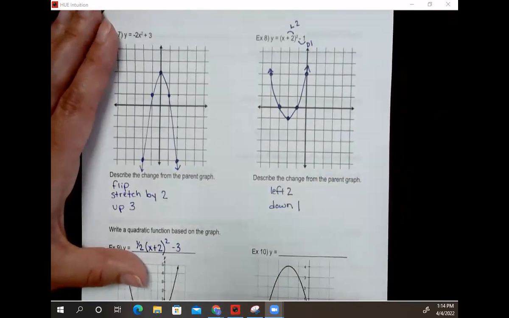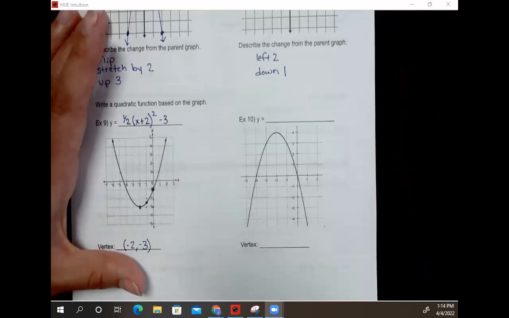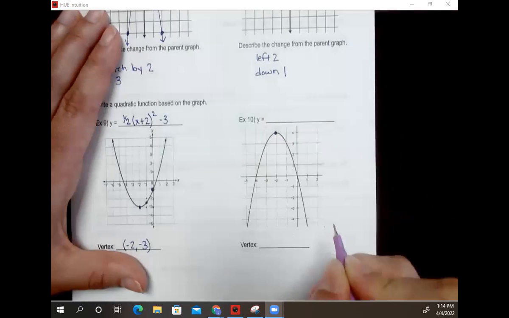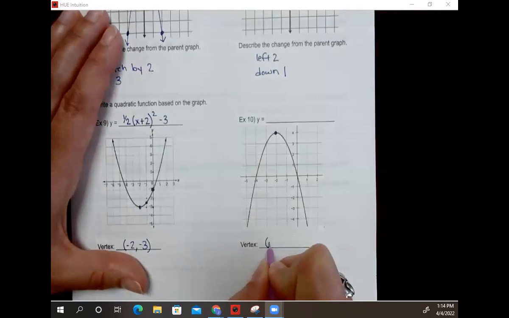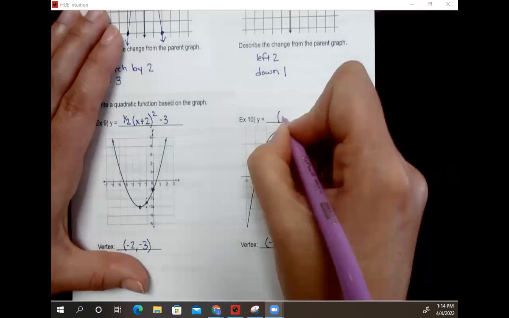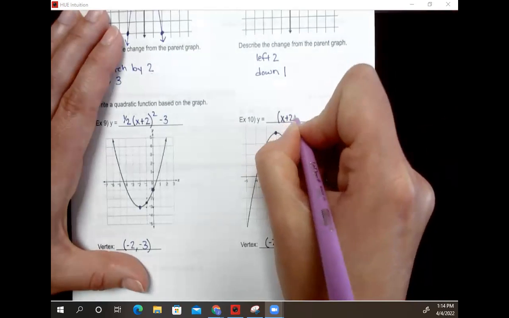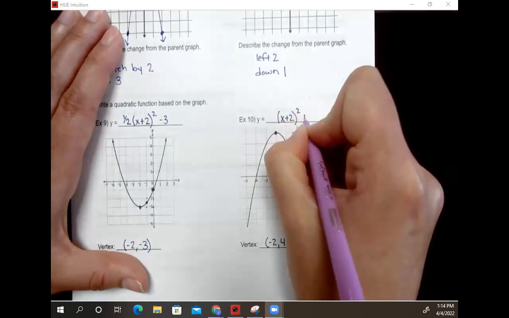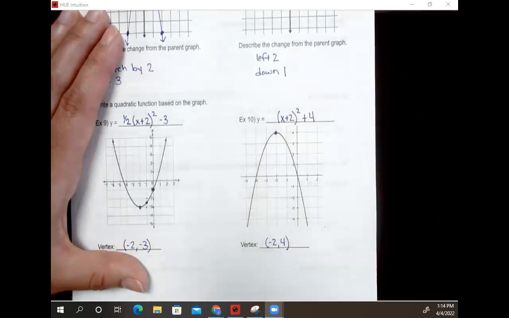And then finally, for example 10, you've been given the graph here. Let's start by identifying our vertex. It's at -2, 4. So I know that this should look like x plus 2 squared plus 4.